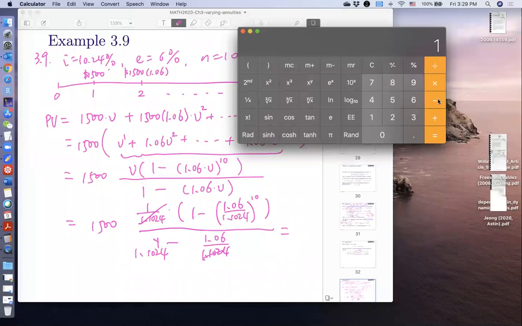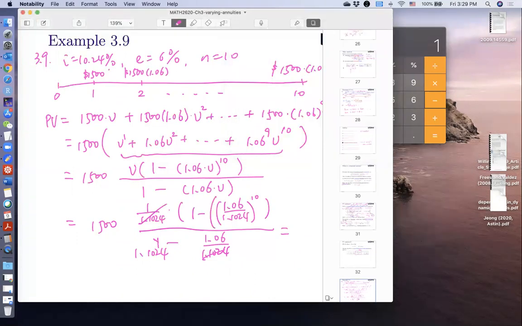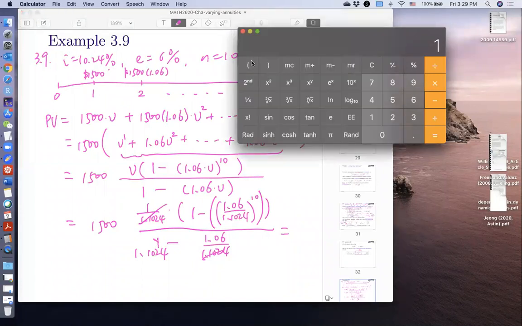It's 1 minus, you have a lot of things, so technically you should put another bracket down here. So it's 1 minus bracket, another bracket, 1.06 divided by 1.1024, close the first bracket. This gives me the ratio, this fraction. Then I need to raise the power to the 10th, close another bracket. Then it will finish this whole term.